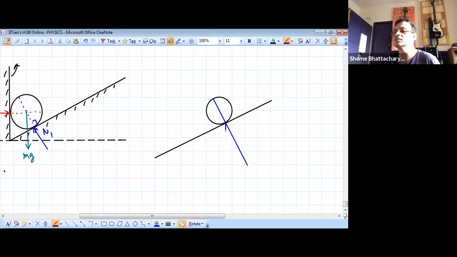This angle is 90 degrees. It's along this line. So we have to be very careful when we understand the angles involved with it.